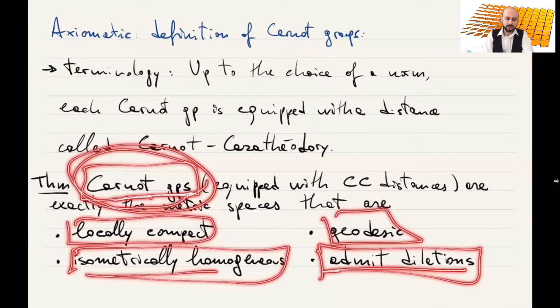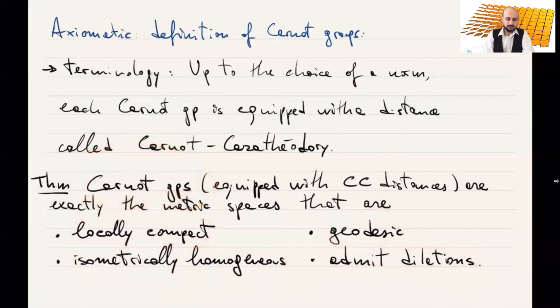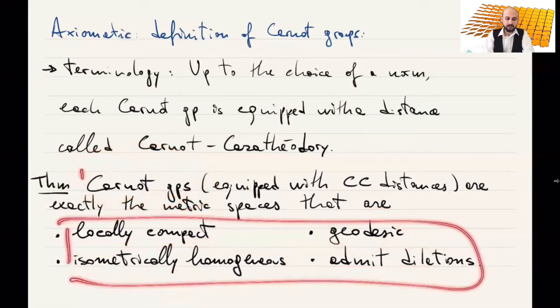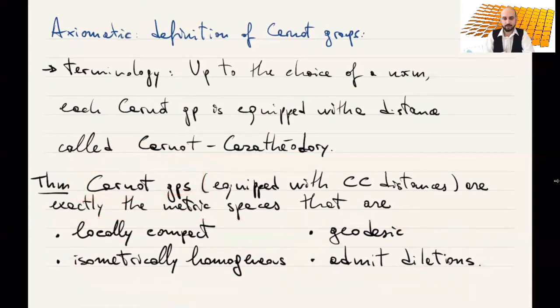This tells you that Carnot groups also appear very naturally in mathematics, because as soon as you have these 4 properties, you have the presence of a Carnot group. So the metric spaces with these 4 properties are Carnot groups, and vice versa. Each Carnot group has these 4 properties.